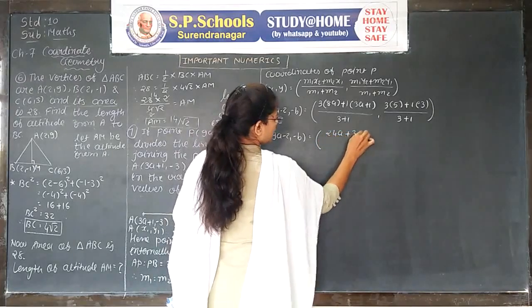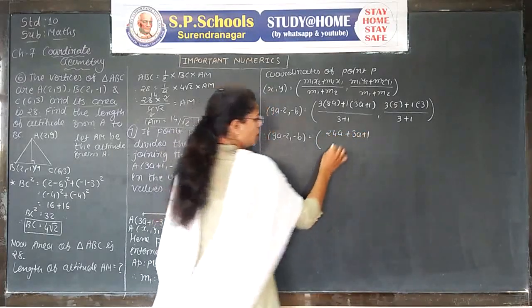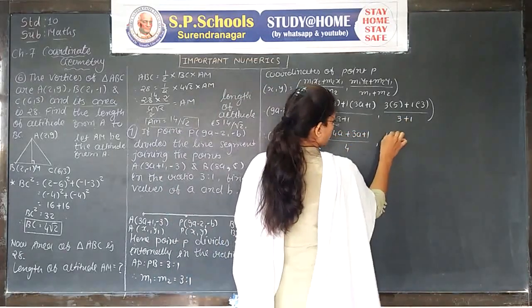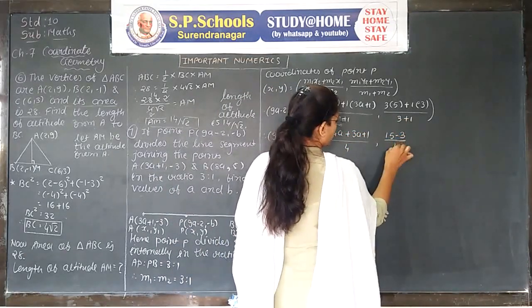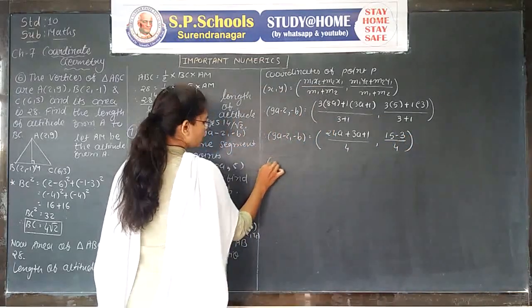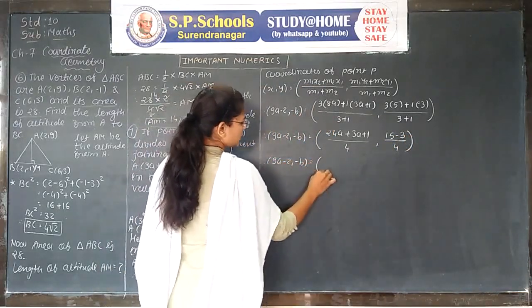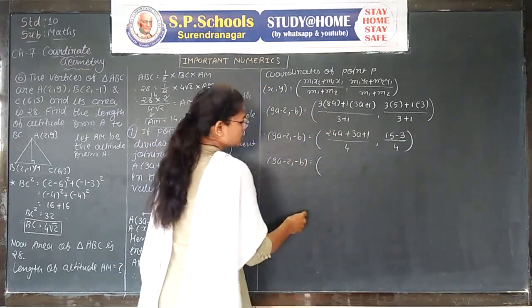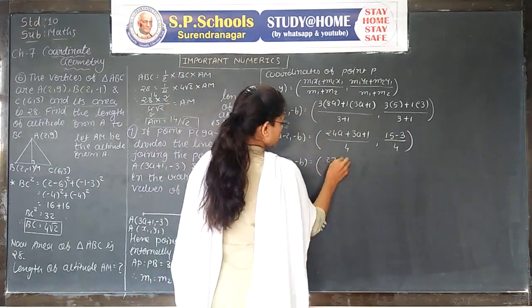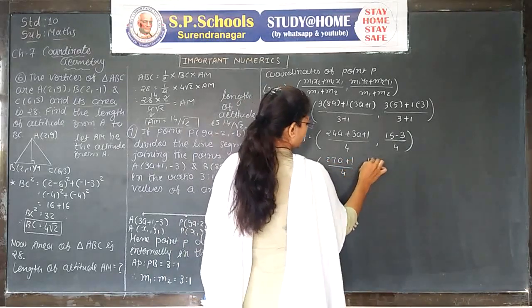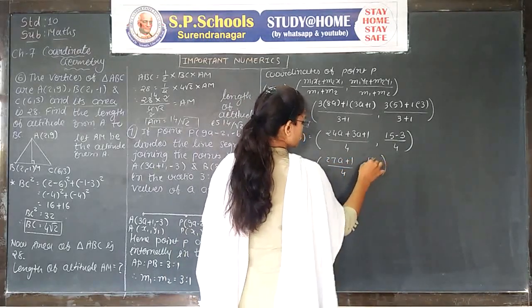3 8s are 24a plus 3a plus 1 upon 3 plus 1 which is 4, 3 5s are 15 minus 3 upon 4. So 9a minus 2 comma minus b is equal to 24 plus 3, 27a plus 1 upon 4, comma 12 upon 4, 4 3s are 12.